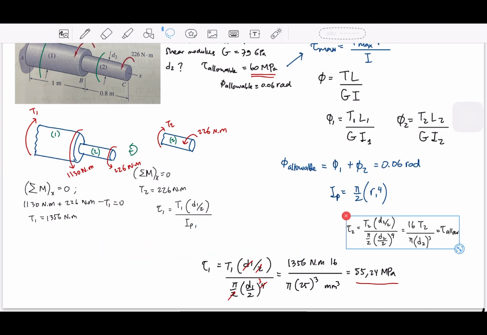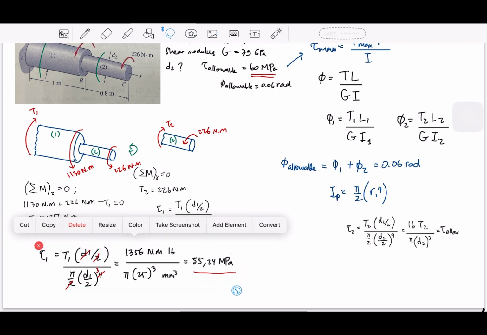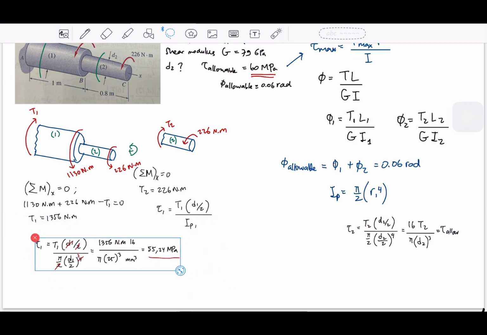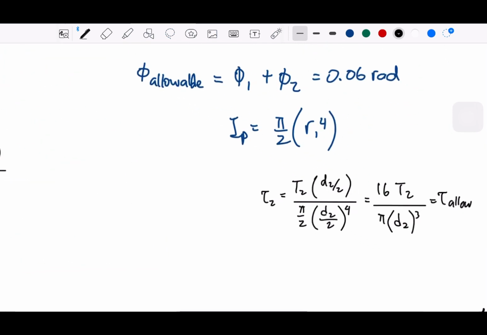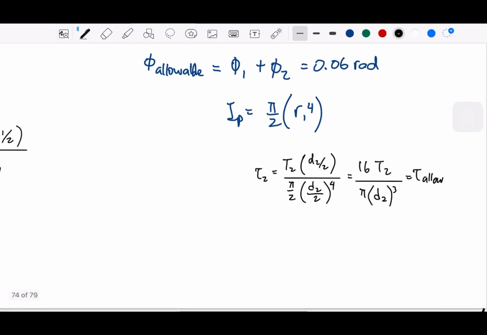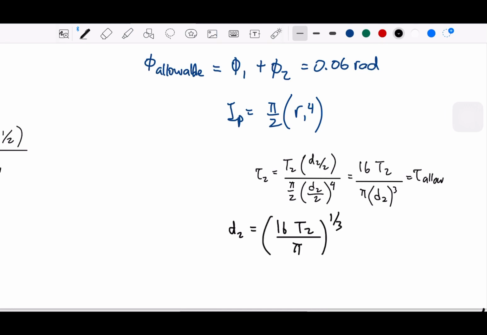I'll put there, and I'll put this here. Okay, so we get the d2 is 16 t2 over pi with power of 1 over 3. And then we can put into your calculators. 16 multiply with 226 Newton meter.